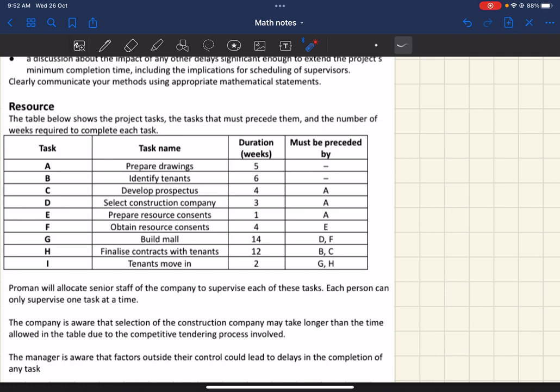Each person can only supervise one task at a time, and the company is aware that selection of the construction company may take longer than the time allowed in the table due to the competitive tendering process involved. So that will be for Merit and Excellence. The manager is aware that factors outside their control could lead to delays in the completion of any task, and that is for Excellence.